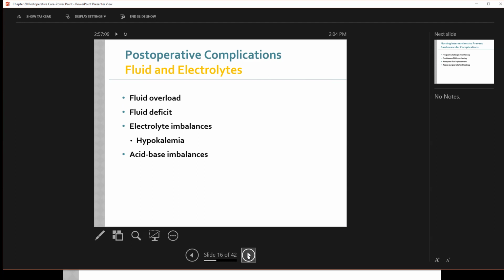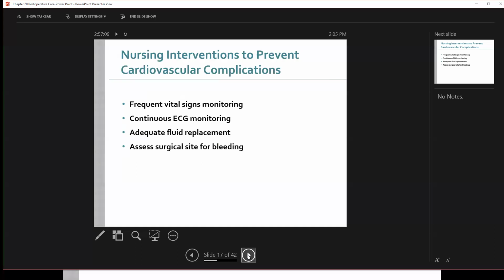Suspect PE in any patient with tachypnea, chest pain, hypotension, agitation, tachycardia, and dyspnea, especially when the patient is already receiving O2 therapy, as previously mentioned. Acid-base imbalances may be seen when the patient has irregular breathing patterns or respiratory depression associated with anesthesia.